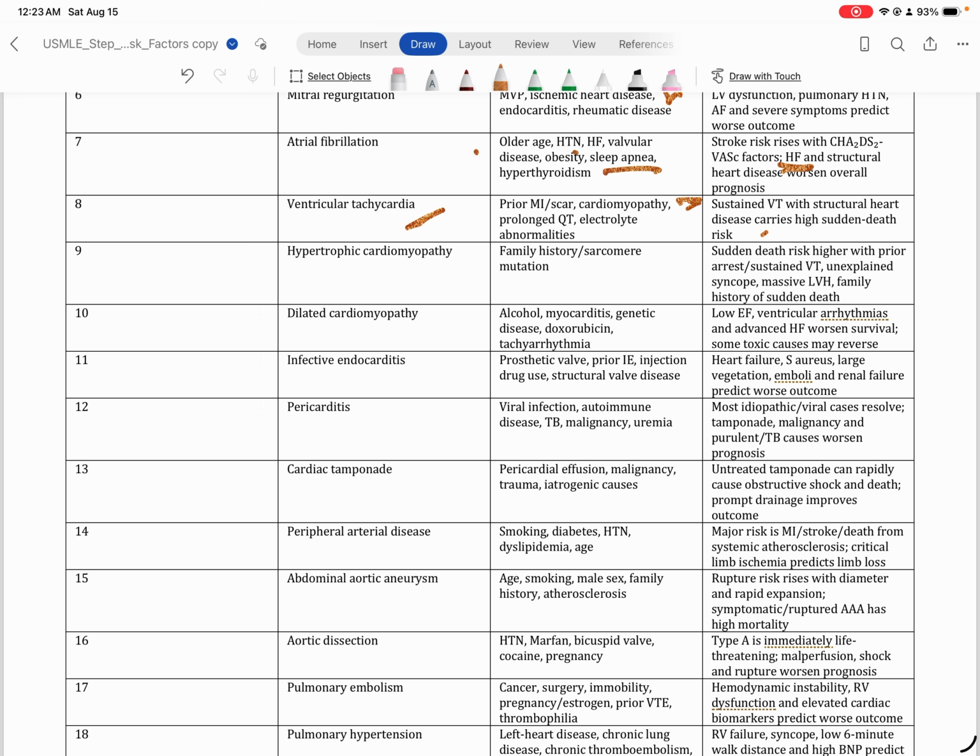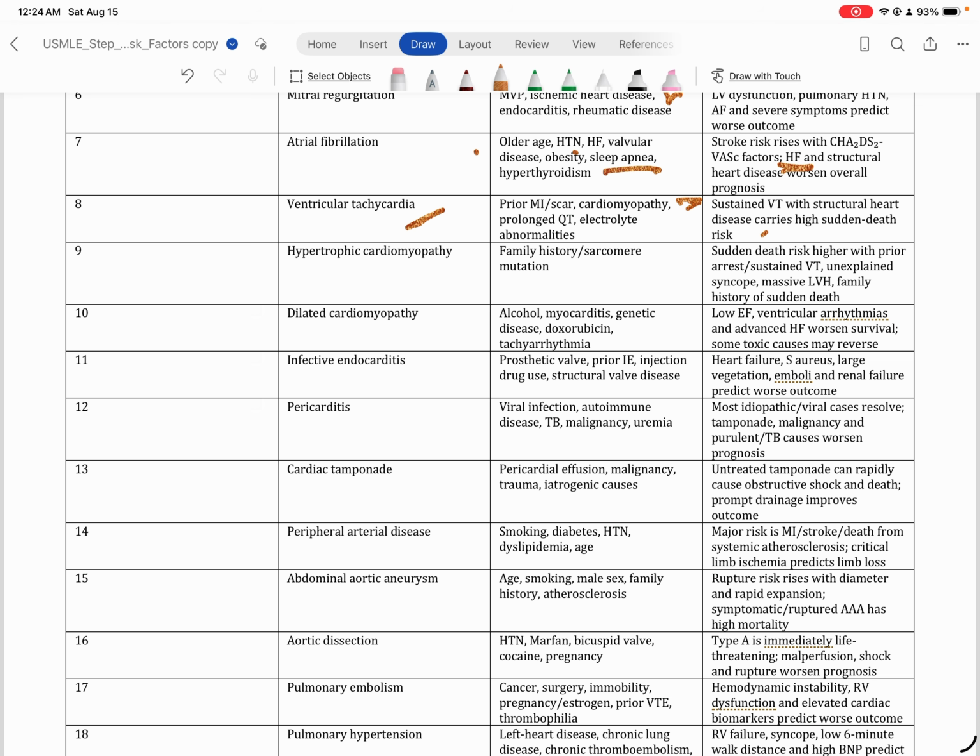Hypertrophic cardiomyopathy: the number one risk factor is family history, and another risk factor is sarcomere mutation. Then prognosis of hypertrophic cardiomyopathy is sudden death, which can be caused by, let's say the patient had a family history of cardiomyopathy, and now they are doing high intensity training.